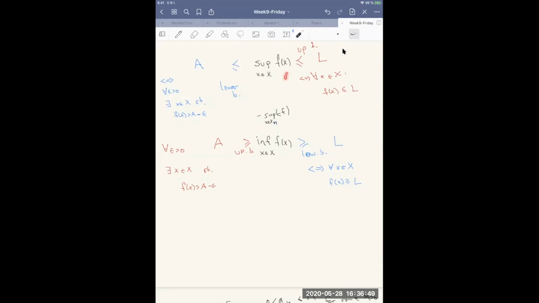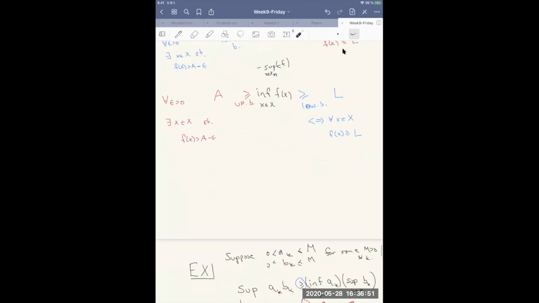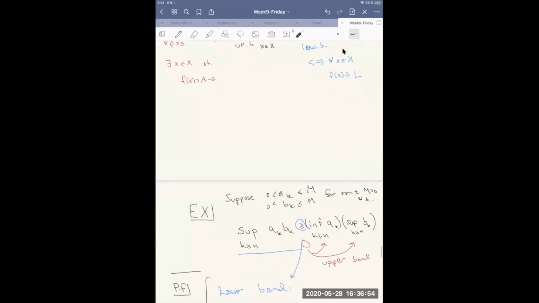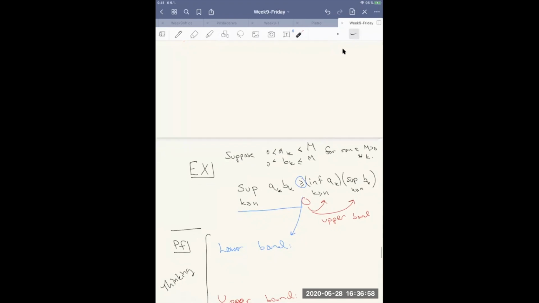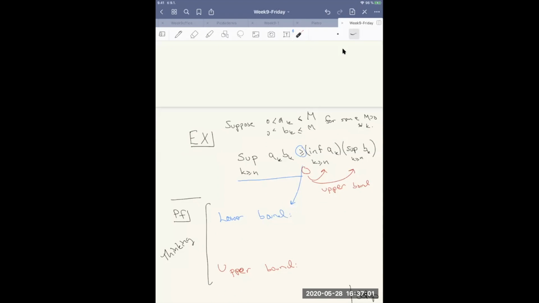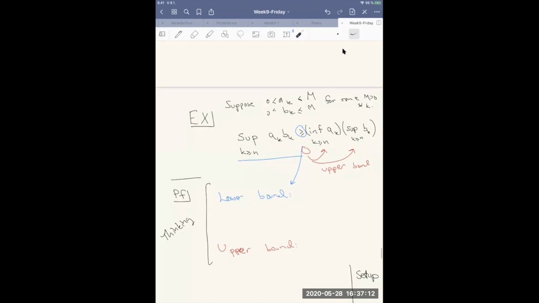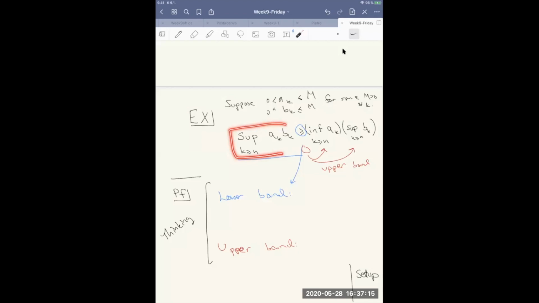And often similar tools for sup and inf apply. I want to give an example that explicates both of these simultaneously in a difficult way. Suppose a_k is bounded and b_k is bounded, in between 0 and M for some M and all integers k. Now suppose we took the supremum over all natural numbers.